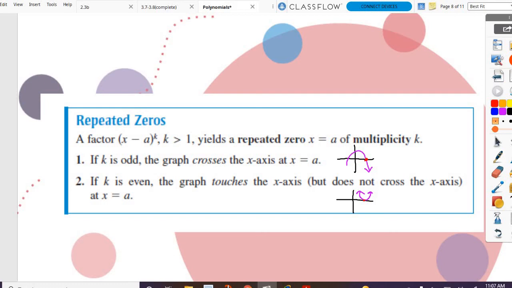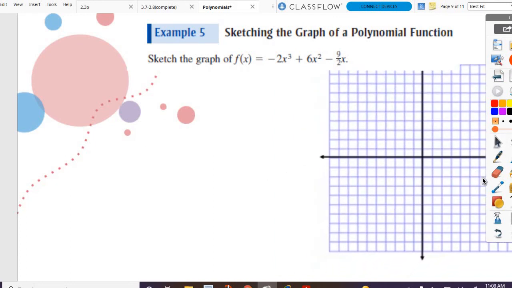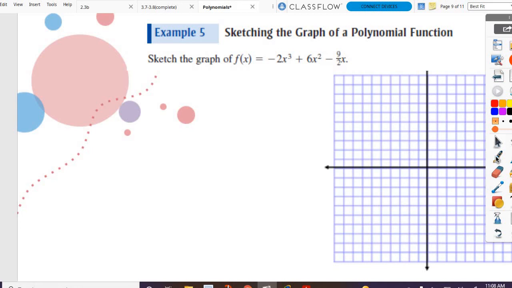An example. Basically, we're going to use all of the knowledge that we've talked about now to help us be able to graph it. So, what did we talk about first? End behavior. So, what is the degree of this function? What's the biggest exponent? It's 3.